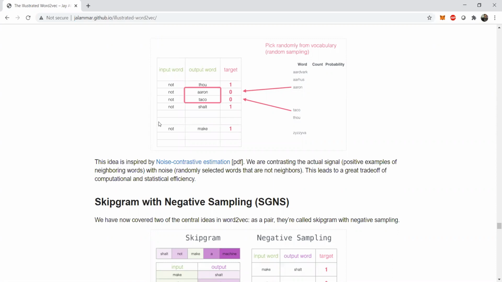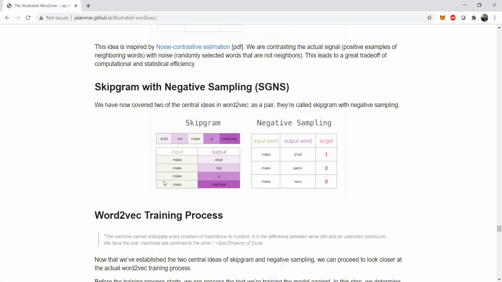And then we create negative samples just to add zeros to our data set, to make it more diverse and properly suitable for logistic regression. This entire concept is called skipgram with negative sampling, abbreviated as SGNS. This is a very important concept, and it has improved the performance and efficiency of the Word2vec model.